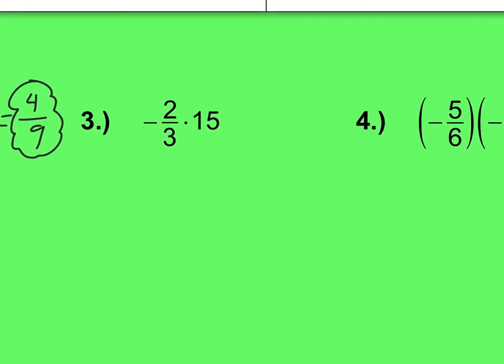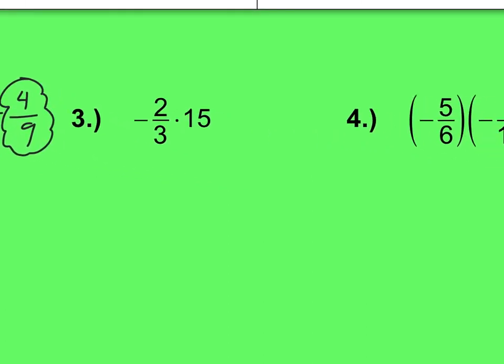Okay, we have a fraction multiplied by a whole number, but notice how one of them is negative. I'm going to rewrite this as -2 on the top over 3 times 15. And we need to turn that into a fraction, so we put a 1 on the bottom. -2 times 15 is -30, 3 times 1 is 3.